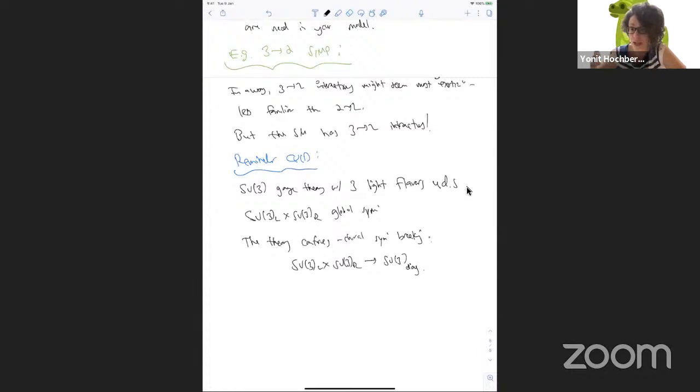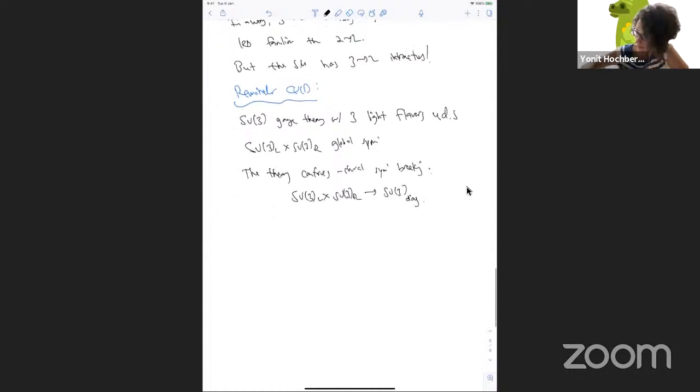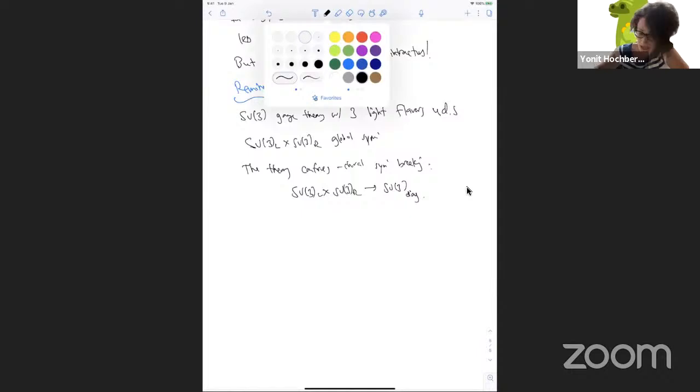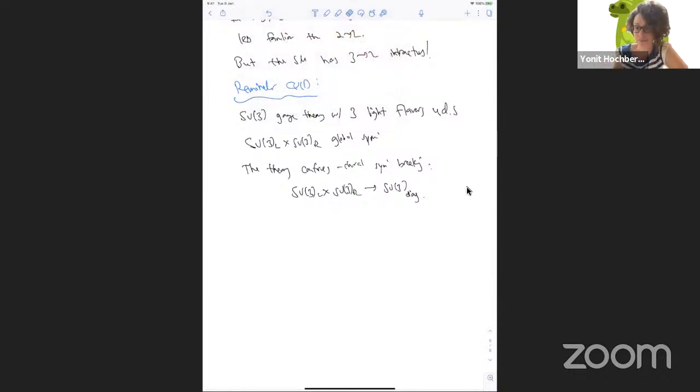It's only approximate because the masses of up, down, and strange are not really degenerate, but it's a good approximate symmetry. At the bottom line, this theory has 8 degrees of freedom that remain, the pseudo-Nambu-Goldstone bosons of these theories. So it has 8 pseudo-Nambu-Goldstone bosons, and these are the kaons, the pions, and the eta.